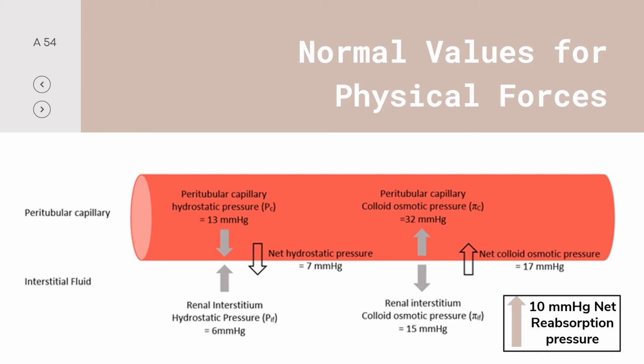And tubular reabsorption in the renal blood vessels is explained by the Starling principle, wherein fluid movement across a capillary is dependent on the balance between the hydrostatic pressures and osmotic pressures, both in the capillaries and the interstitial fluid. The net pressure of 10 mmHg, as shown in this diagram, is referred to as the net reabsorption pressure.